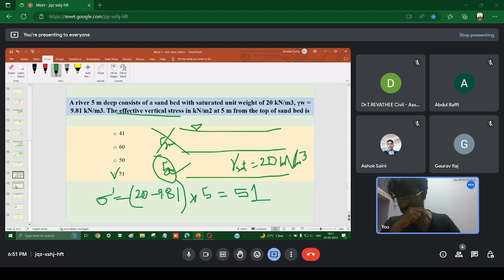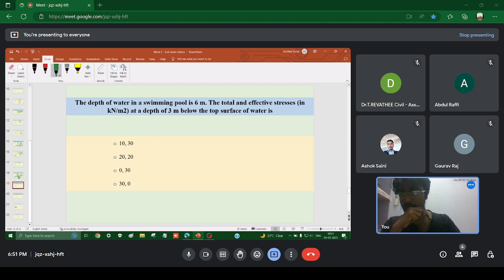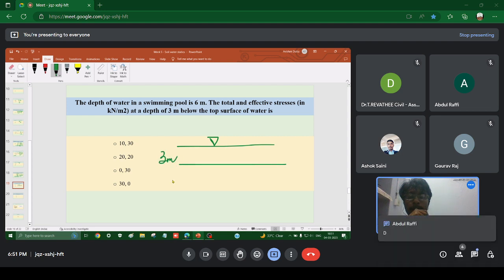Okay, we have many more questions. Depth of water in a swimming pool is 6 meter. The total and effective stress at a depth of 3 meter below the top surface is? What is the answer? D. Yes.